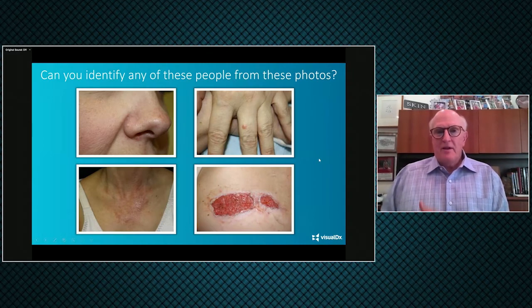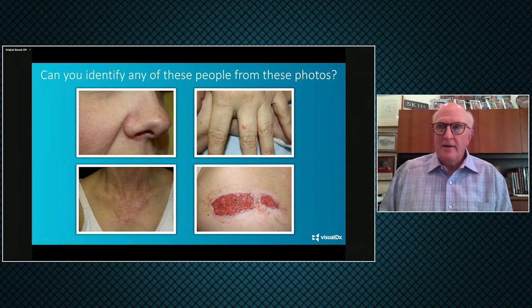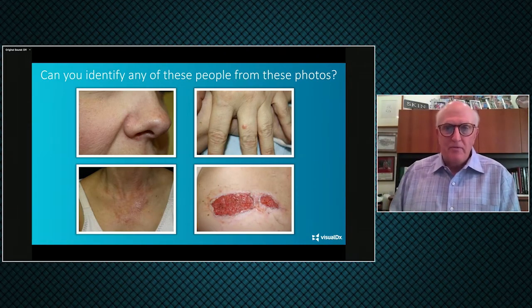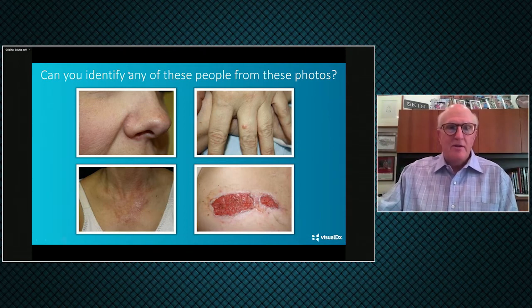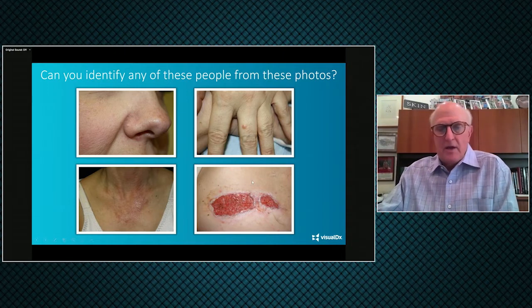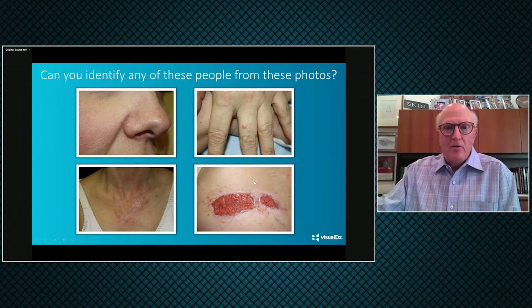So I gave a talk to the administrative people at the VA, because they said, you can identify images. These are all patients at the VA. I dare you to say who any of these people are, and identify them. Unless you saw them live, I don't think you would know.